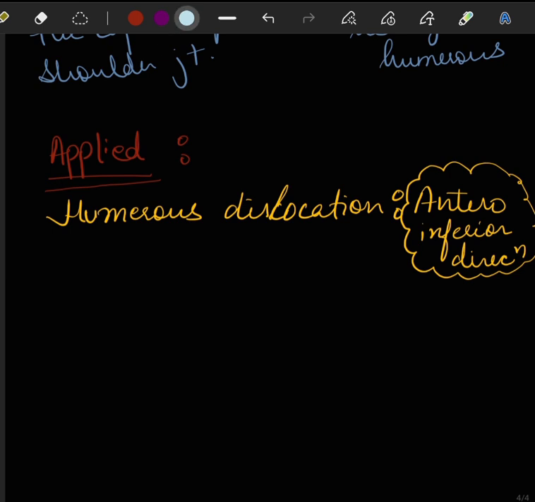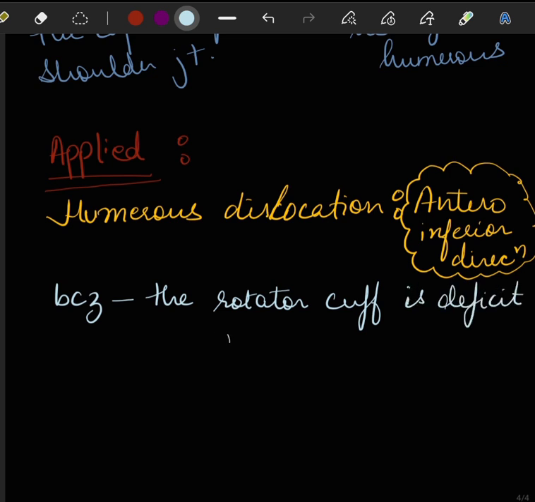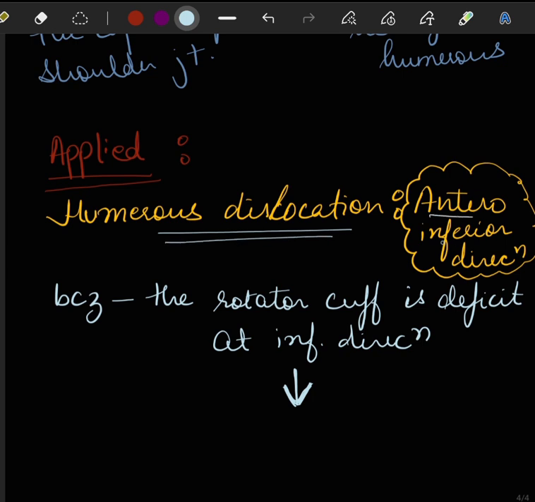Because, we will write with different color, the rotator cuff, that means all the tendons which are blended and provide the stability to the shoulder joint, is deficient at inferior direction. So therefore always during trauma, the dislocation will be always at antero-inferior direction. So this is the most important applied aspect.